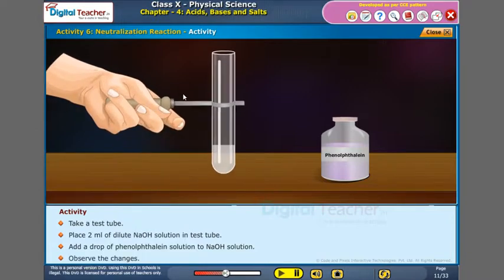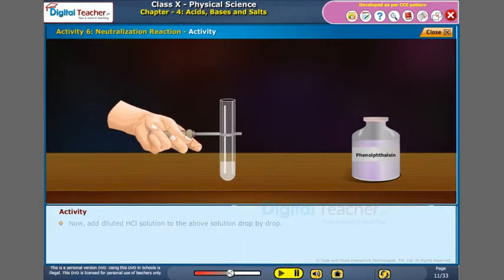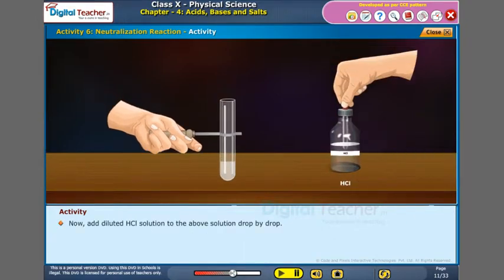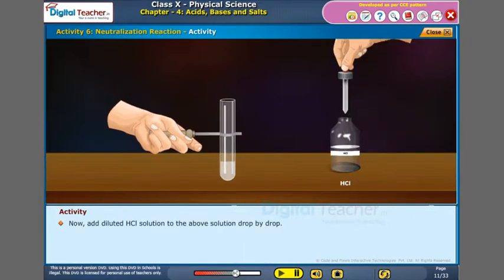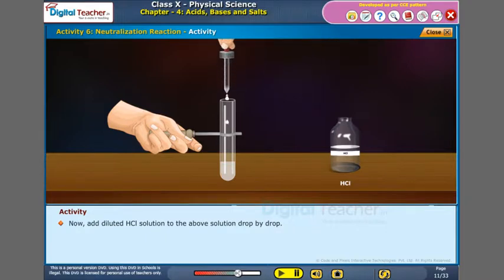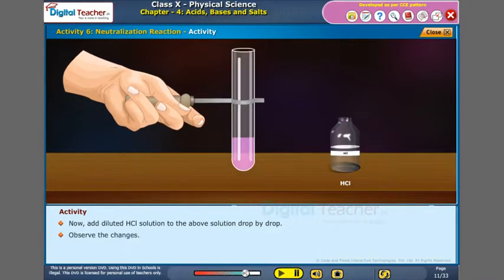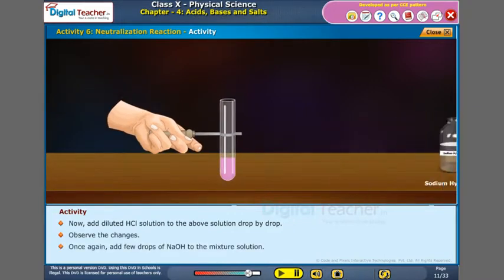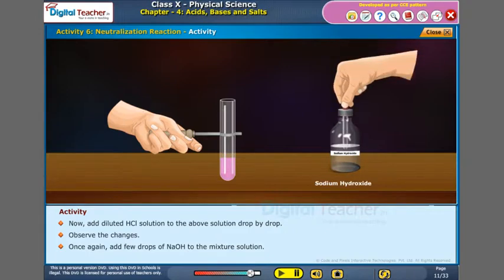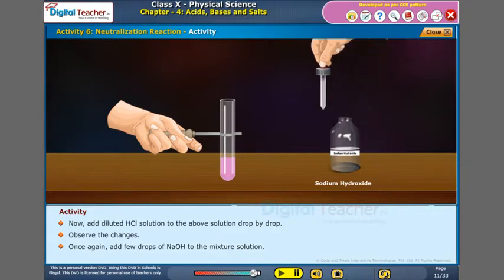Observe the changes. Now add diluted HCl solution to the above solution drop by drop. Observe the changes.